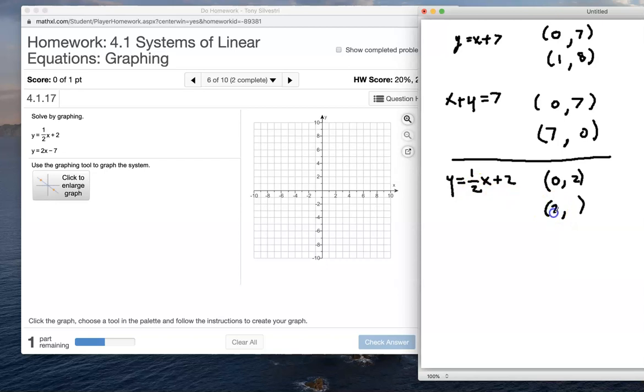Let's make x equal 2. 2 times a half is 1, because the 2's would cancel. Picture yourself plugging in 2 here. The 2's would cancel. Leaves you with 1. 1 plus 2 is 3. So there's 1 point right there. 1 line right there. Now we're going to do the bottom guy.